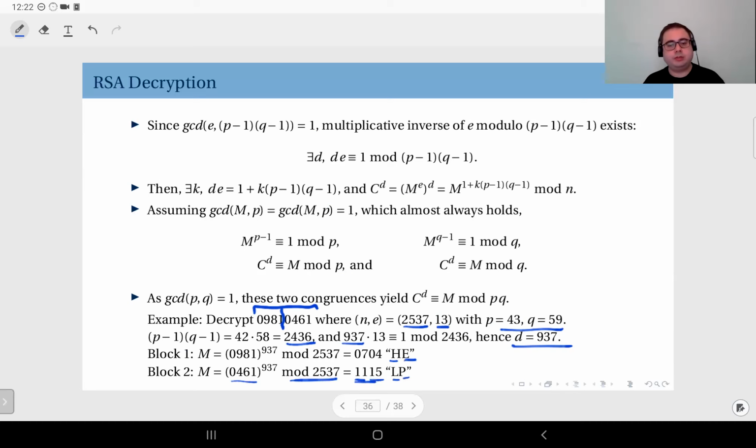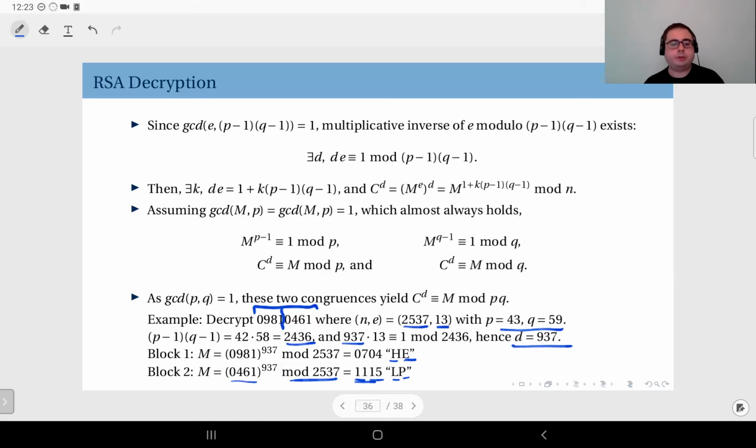What you need to decrypt is D, the multiplicative inverse of E under modulo N. But for that, you need the number N to be factored out to be able to compute this multiplicative inverse. But the numbers P and Q are not announced.